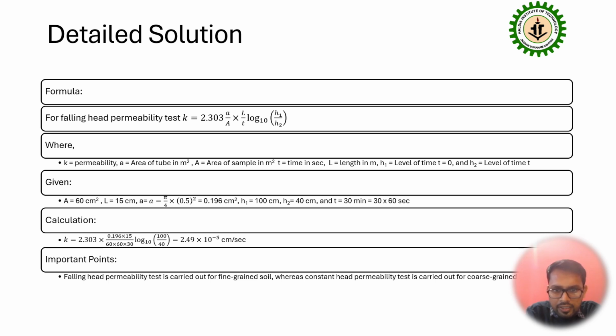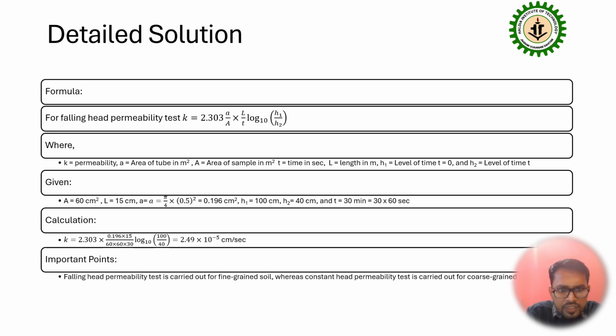And convert the time into seconds, that is 30 minutes, 30 into 60 seconds, that's 1800 seconds. Now put the values in k equal to 2.303 aL by At into log base 10 of H1 by H2. Thus you will get the permeability, that is 2.49 into 10 to the power minus 5 centimeter per second.